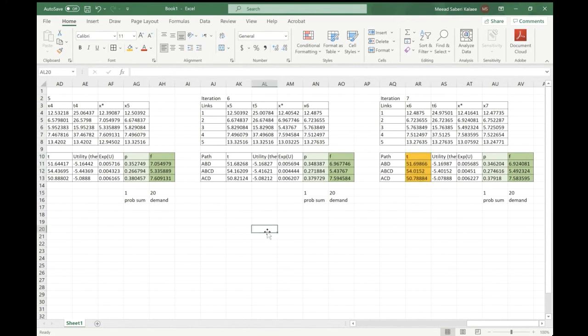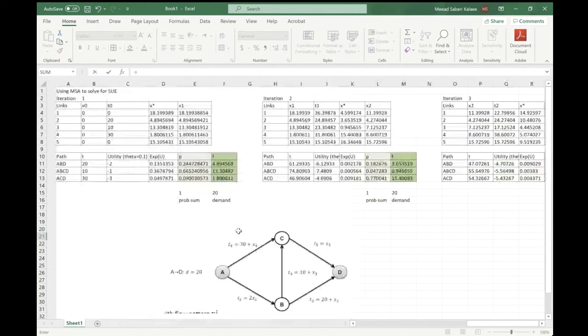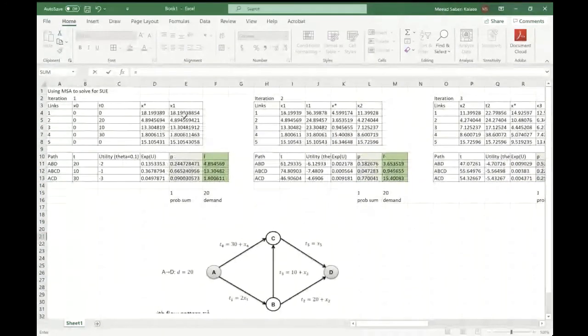Let me put links here, 1, 2, 3, 4, 5, and these would be iterations, 1, 2, 3, 4, 5, 6, 7, and let's put the link volumes that we calculated. So this is this one.